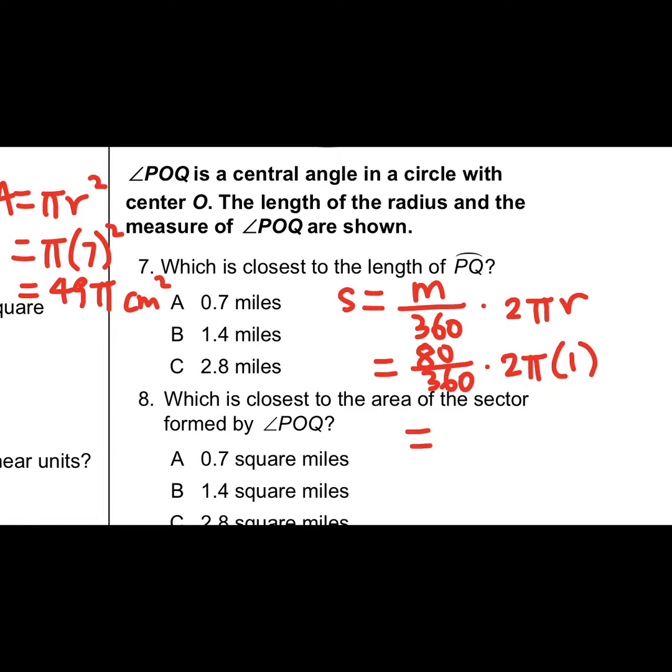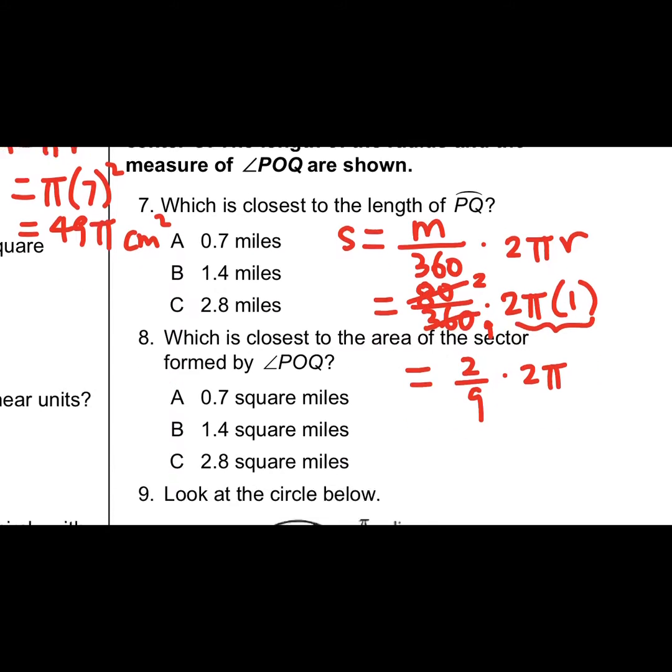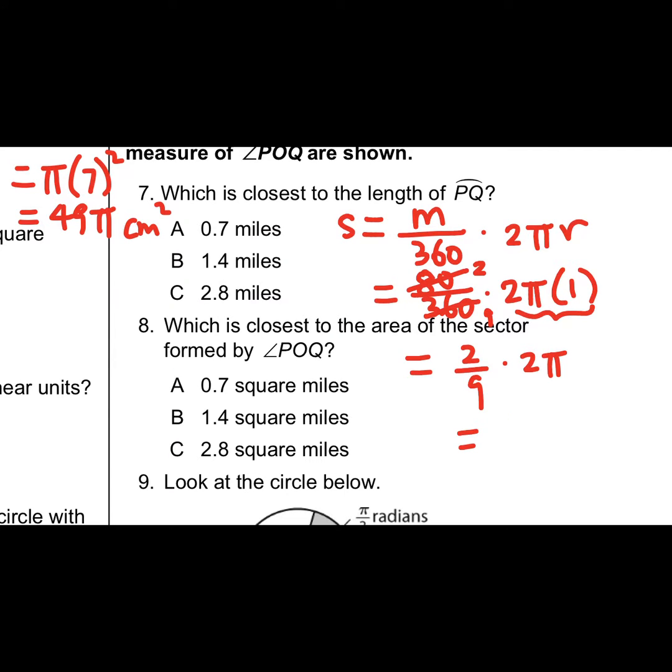And then we can reduce 80 over 360 to 2 over 9. So we're going to write 2 over 9. And then 2 pi times 1 equals 2 pi. And if you multiply everything together, that will give us 4 pi over 9. And that unit is miles.